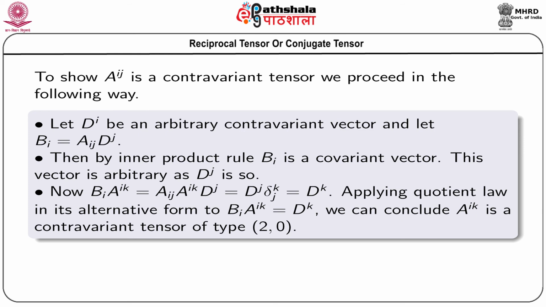So, writing that, it comes to d^k. Now, applying the quotient law in its alternative form to b_i A^ik equals d^k, we can conclude A^ik is a contravariant tensor of type (2,0).